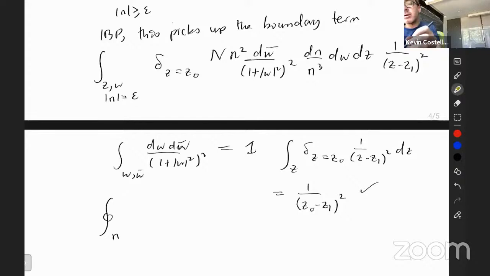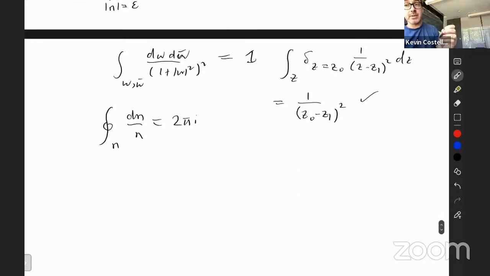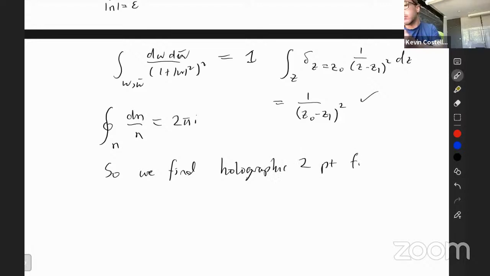And we notice up here, we have an n squared, there we have an n cubed. So we get a contour integral over n of dn over n, and that gives you 2 pi i, which is also important. So we do indeed find that the holographic 2-point function is correct.